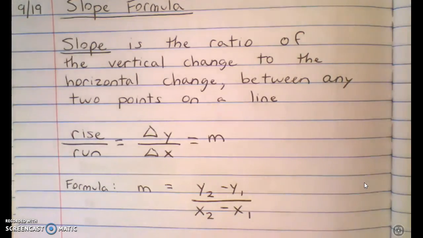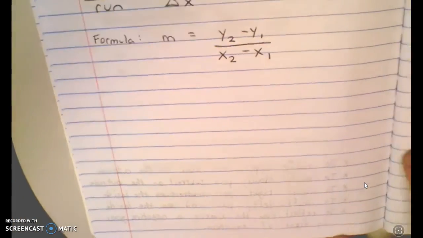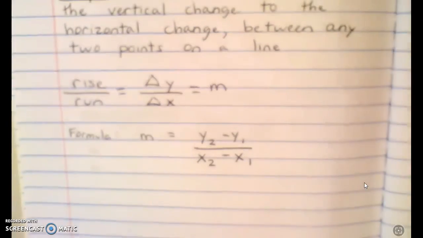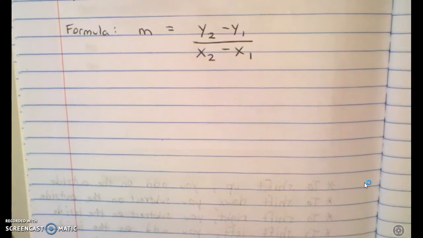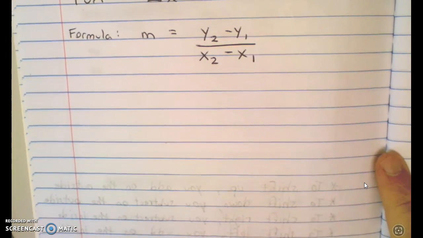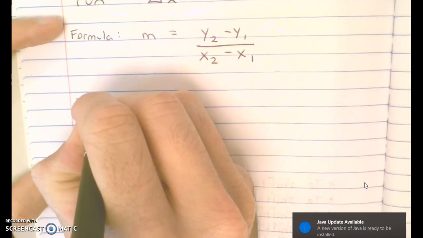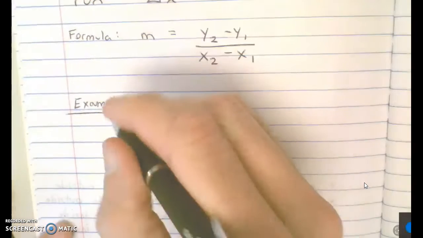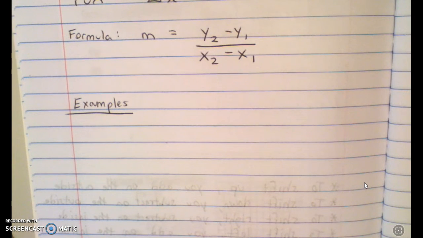Okay, so let's look at some examples. Let's move the camera down. All right, so a couple examples here. When you're looking to find slope, you're finding the change in the y values over the change in the x values.